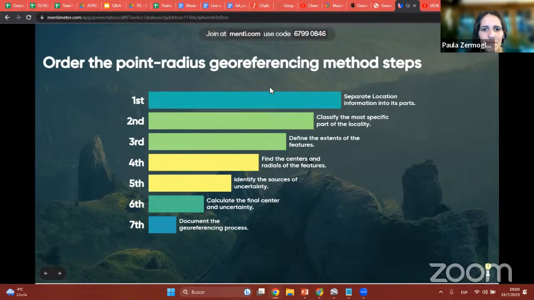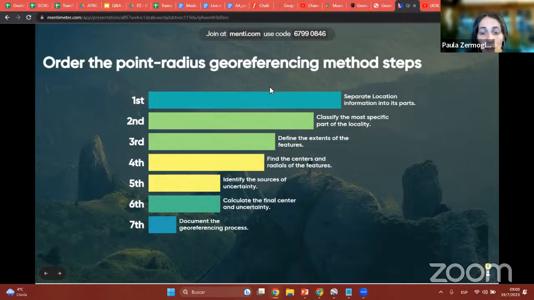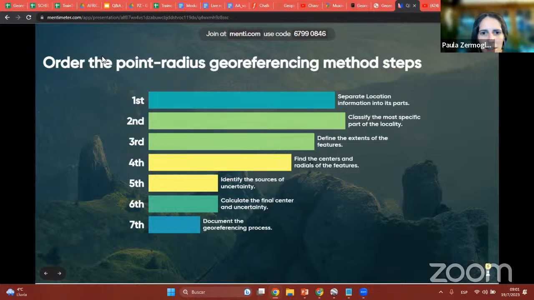We have one answer. Four answers. And it seems that we have agreement in the first steps at least, because they haven't changed, and the other words are reverting order somewhat.